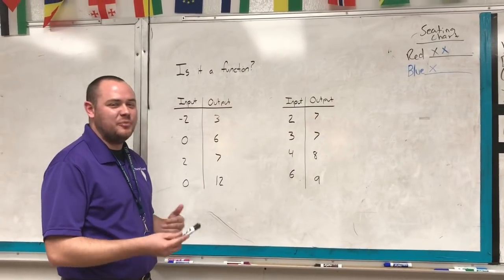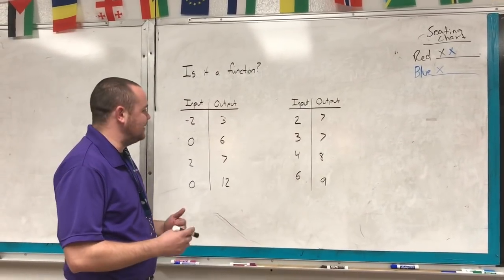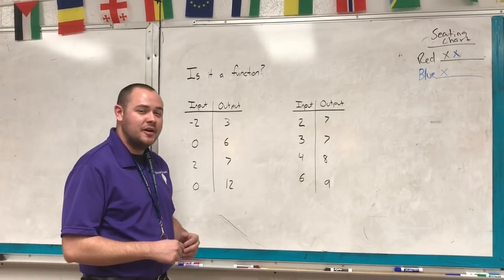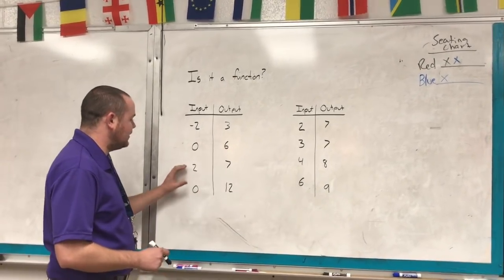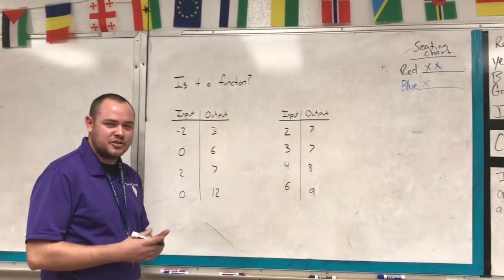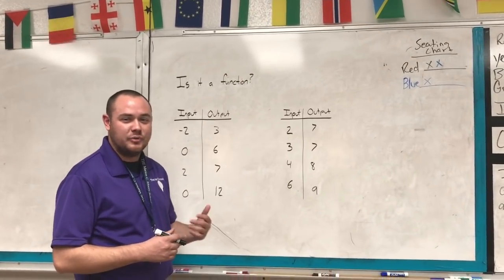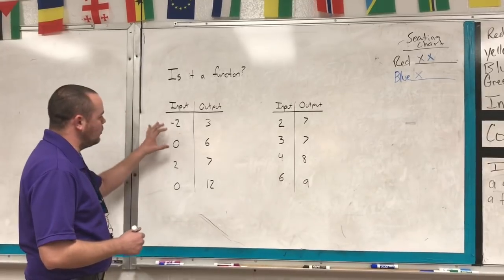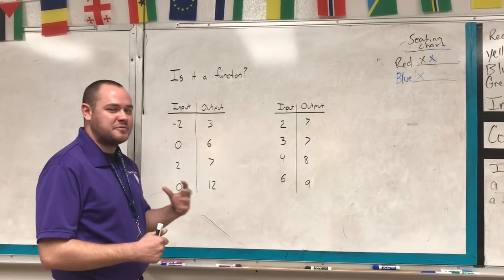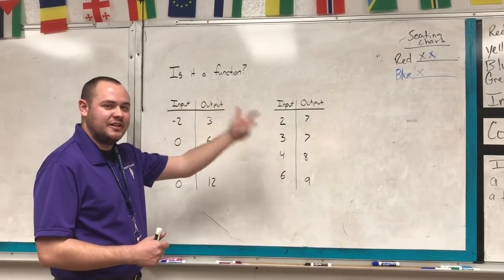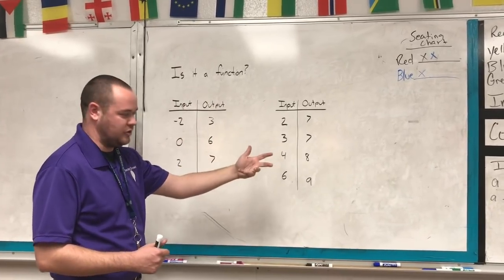Today we're going to continue what Mr. Gossip talked about on seeing if something is a function or not, but we're going to look at it from tables. Again, the definition of a function is that every input has only one output. I like to think about it as the input being like the question. That's what we're placing into the function, into the equation, into whatever we're doing.